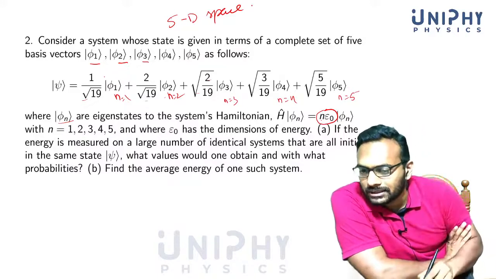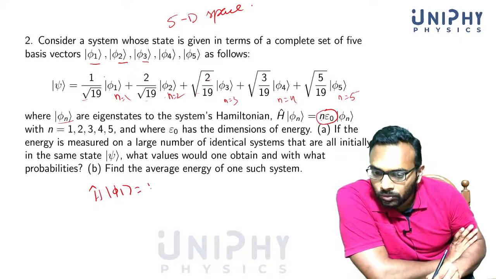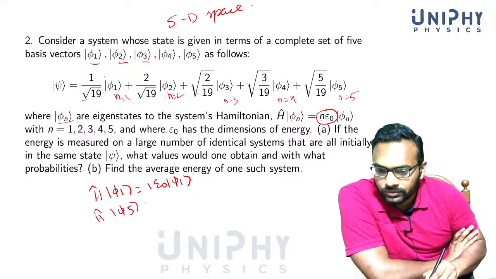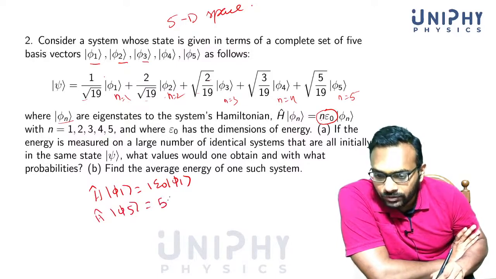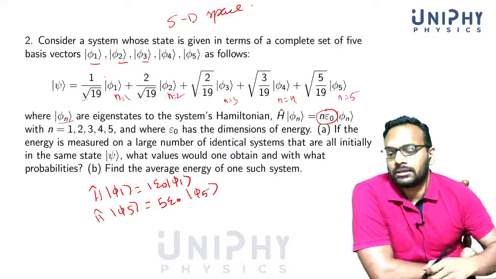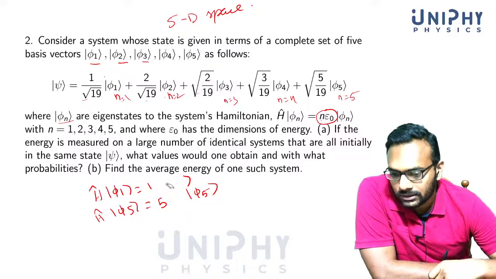So, for example, H cap phi 1 is equal to 1 epsilon 0 phi 1. H cap phi 5 is equal to 5 epsilon 0 phi 5. This is what we have. The eigenvalue equations are given.